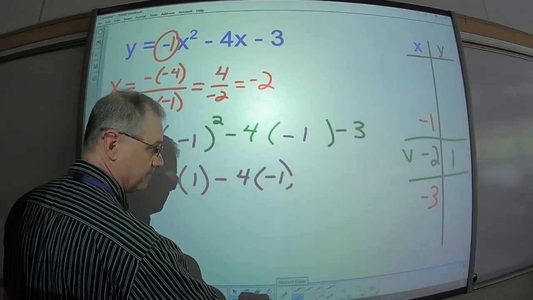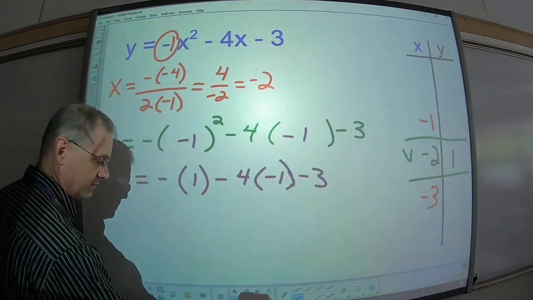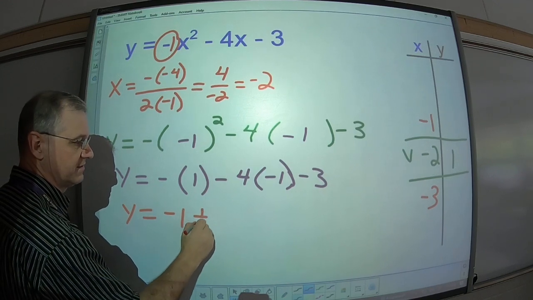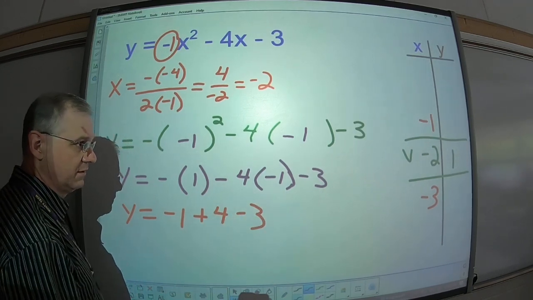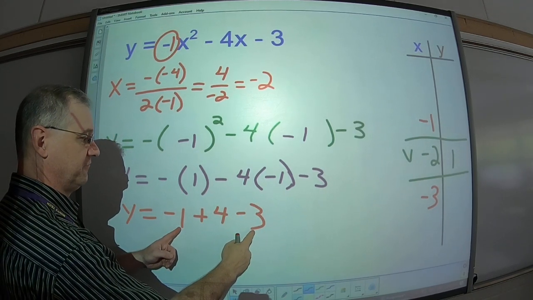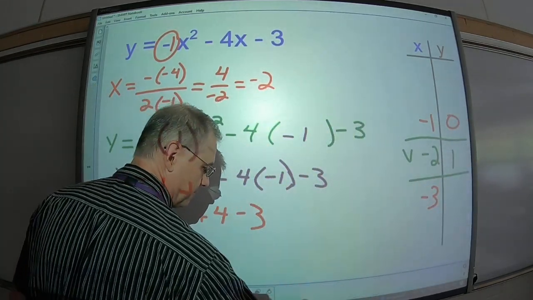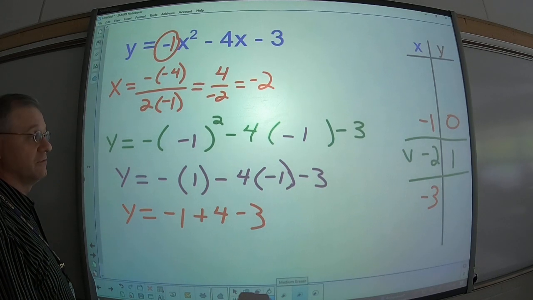Fix that. And let's continue. Negative 1, positive 4, negative 3. Well, negative 4 and 4 make 0. Now let's do negative 3.